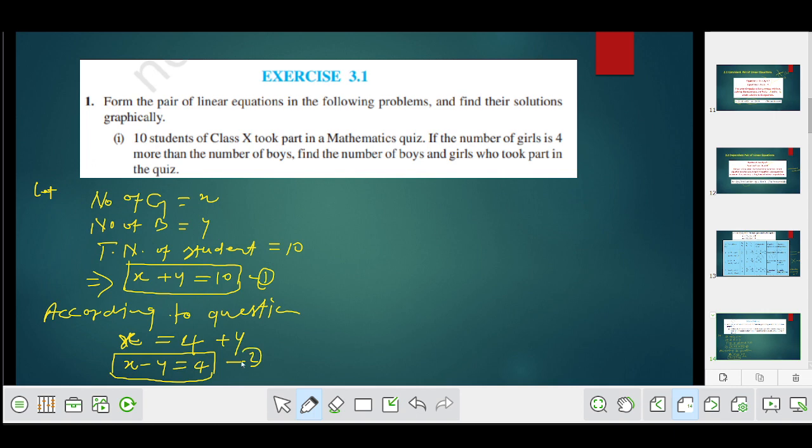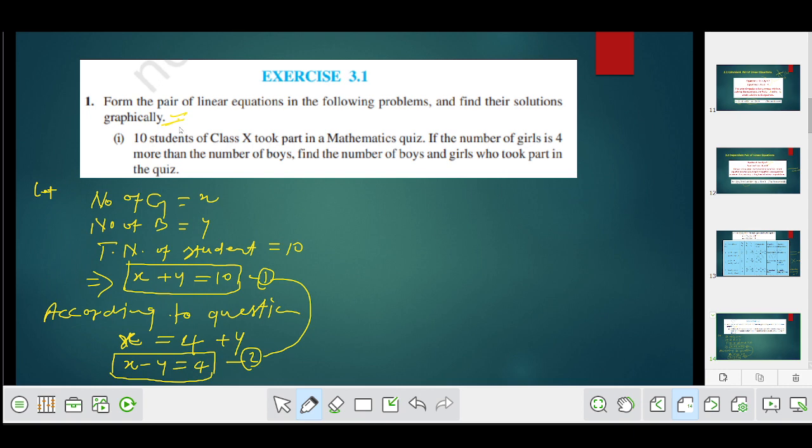This is the second equation. We have obtained both equations. Now, to represent these equations graphically, because we will find the solution of the given problem graphically, it is mandatory.